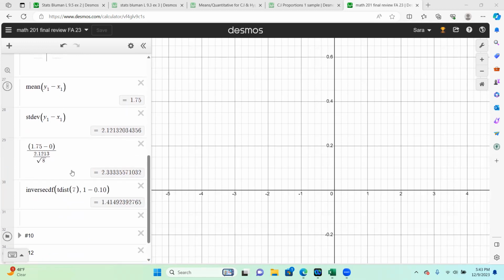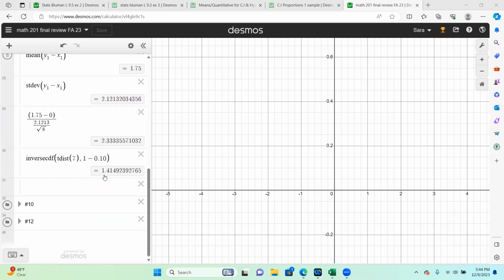And then we calculated the test statistic as 2.33. And then I also calculated our critical t-value as 1.4149. 1.415 is fine.